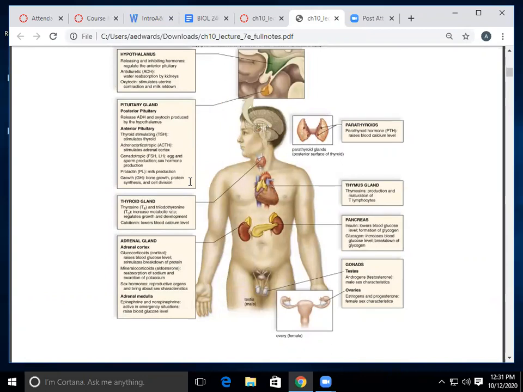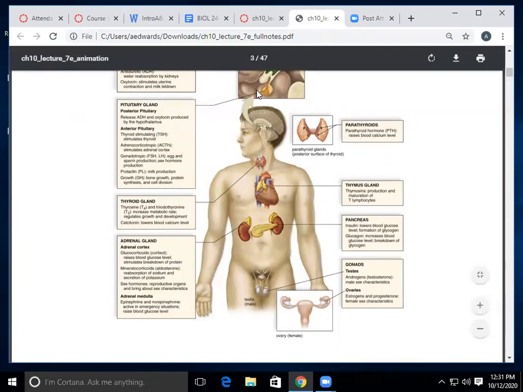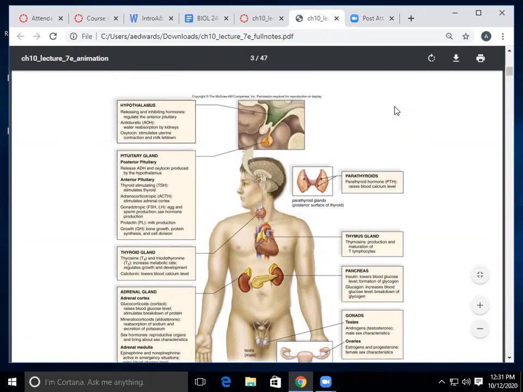All right, so let's learn a little bit. This is an overview. We'll cover all these in detail, but wanted to at least show you. Okay, so here, if you take a high magnification of this part of the brain, you'll see the pituitary gland here, and then up here you've got the hypothalamus.